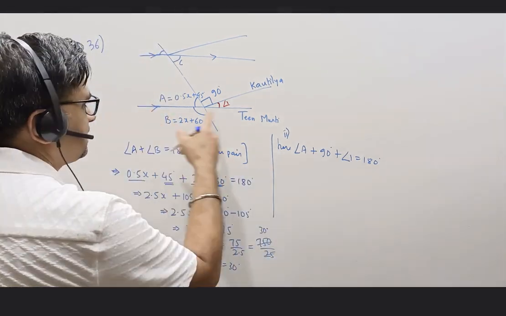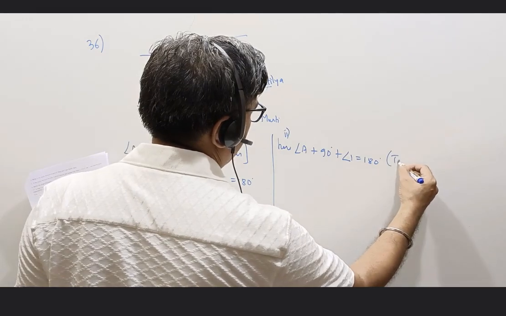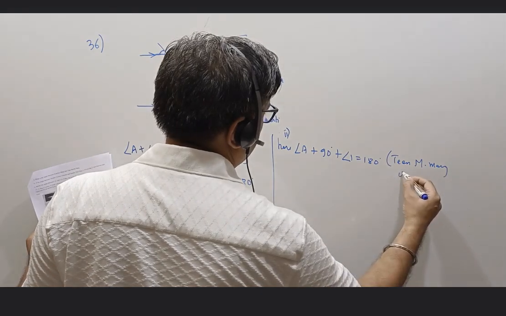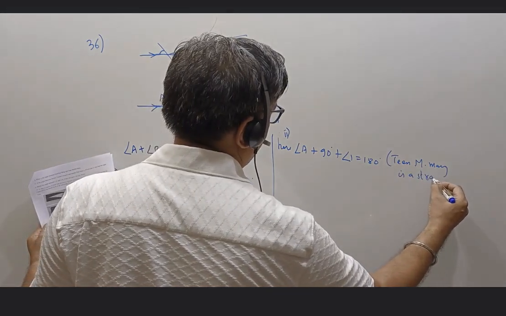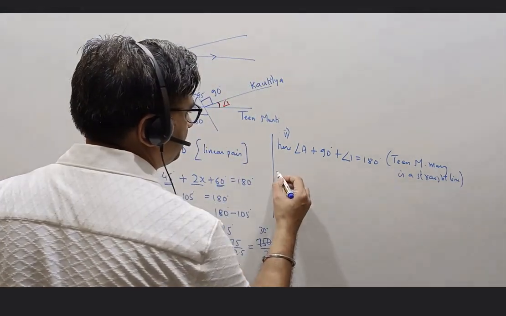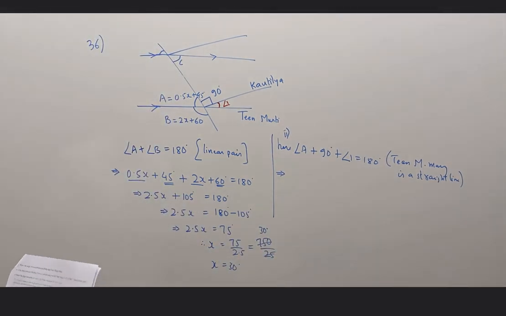Give the reason because this is a straight line. Teen Murti Marg, you can write it like this. Teen Murti Marg is a straight line. Angle on a straight line is 180 degrees. So now let us see what all we can find out.